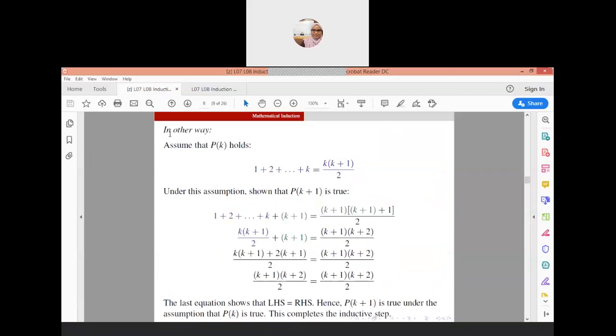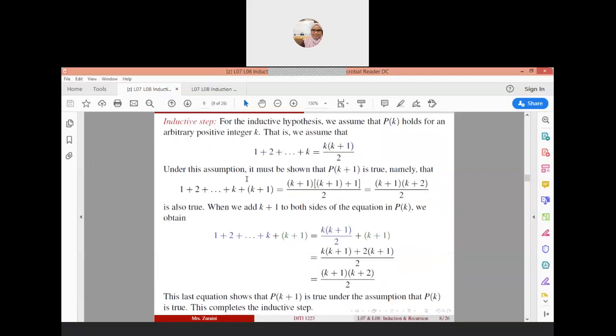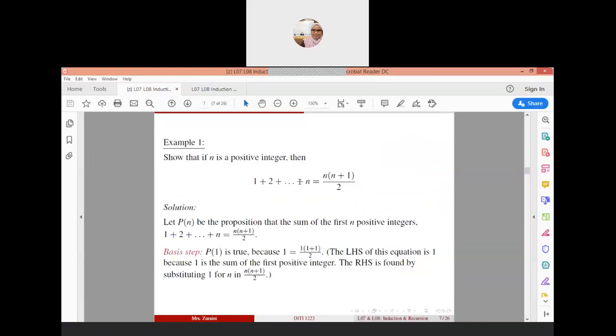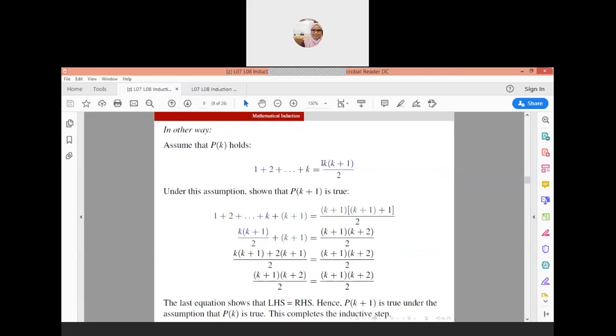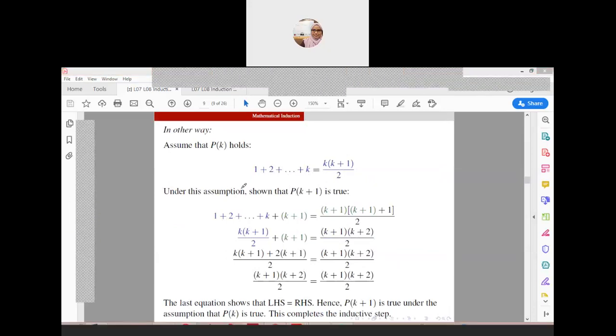The other way to show the inductive step is by using this method, from the question just now. 1 plus 2 plus up to n, then we replace it by k. Under this assumption, we want to prove P(k+1). So this is the original one, right?